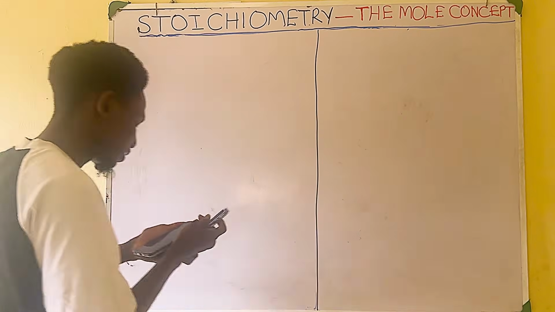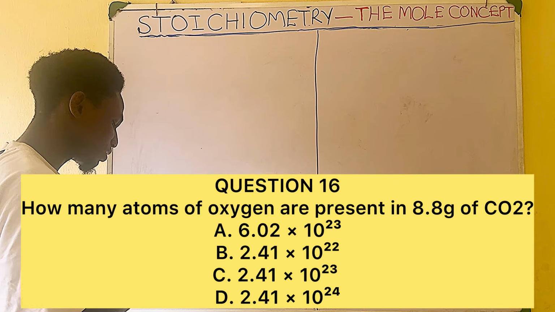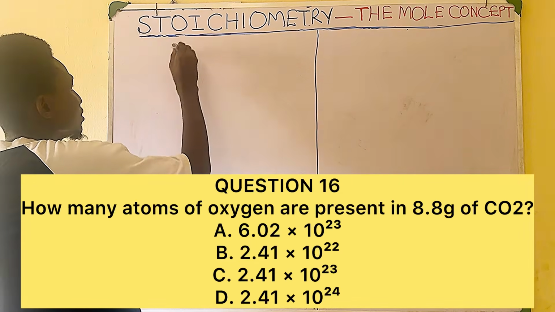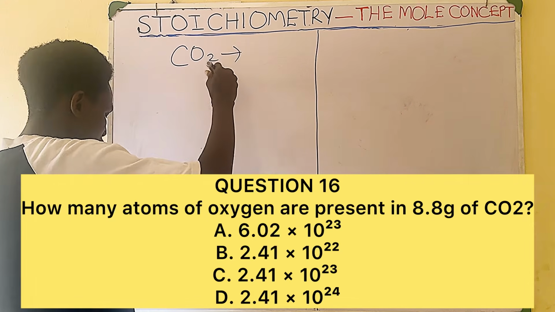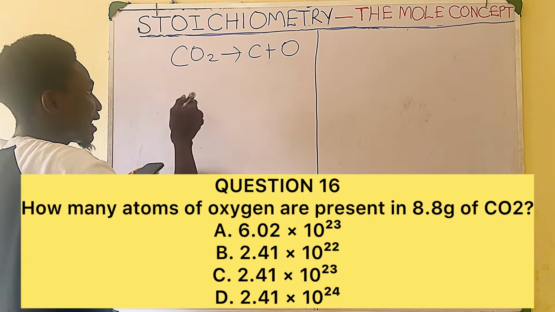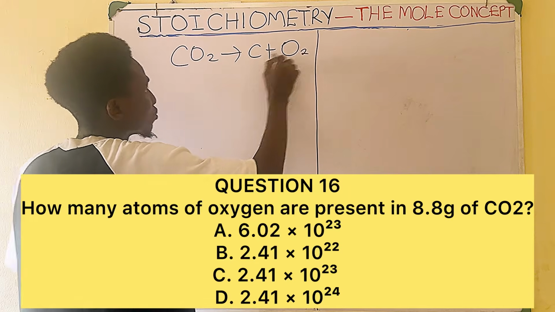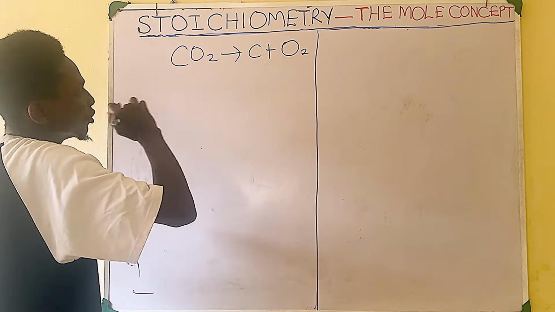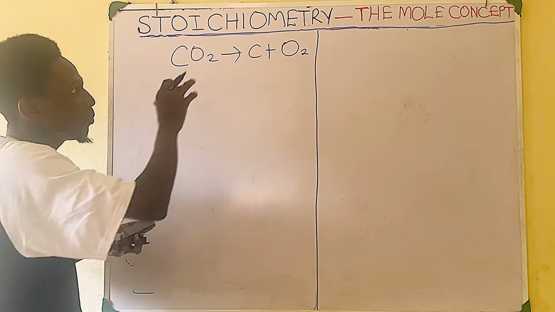This question now says, how many atoms of oxygen are present in 8.8 grams of CO2? Let me quickly solve this question because some people may have issues with it if I give it as an assignment. So I'm going to give you C plus O2. It does not mean this is an equation, but I want you to represent it in this method.